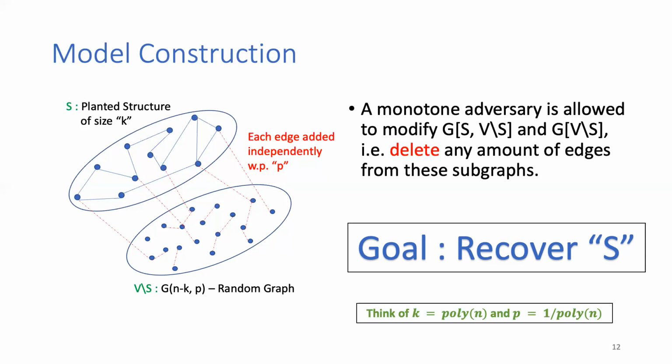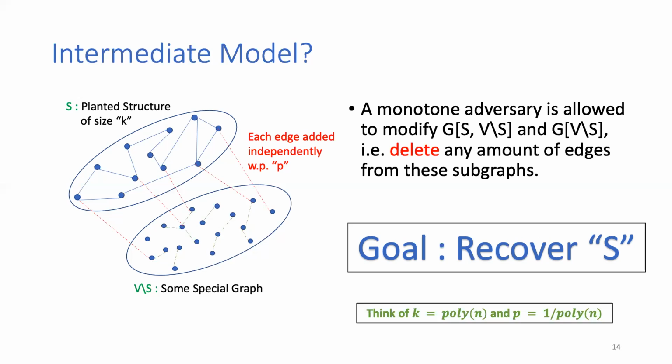This is the weakest model of computation, where you plant something of interest in a random graph and now you want to recover it. I'll tell you why I call this the weakest model in a minute.